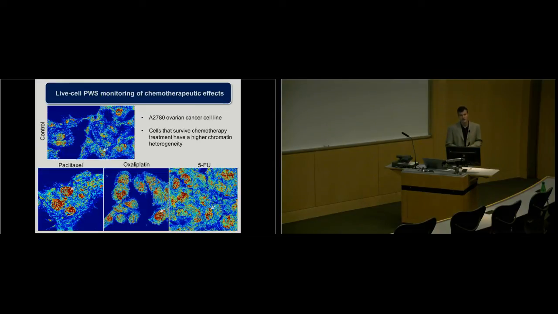You can also look at how processes affect cell viability, or how the different processes change chromatin structure. For example, application of chemotherapeutic compounds. You can study which cells are going to survive, which cells are going to die, and look at how chromatin facilitates these processes.